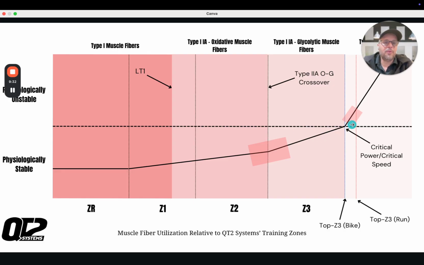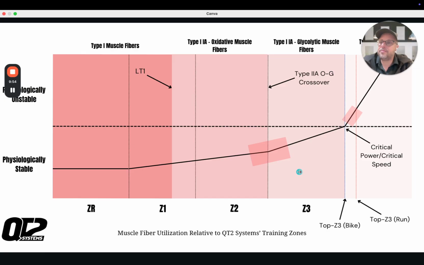And right here, we are just above critical power or critical speed. And here we are engaging type 2A glycolytic fibers more aggressively, training them to tolerate and recover from higher intensity demands. This stimulates greater recruitment of all aerobic capable motor units.